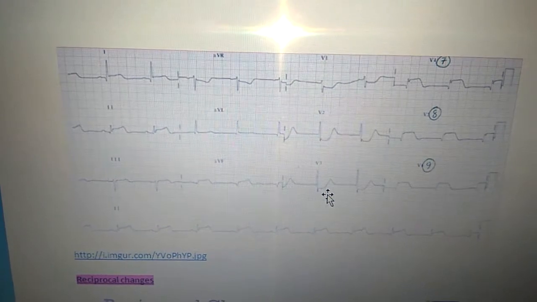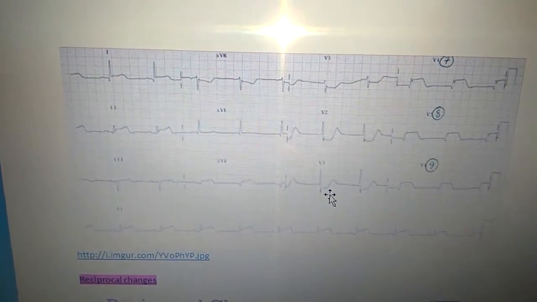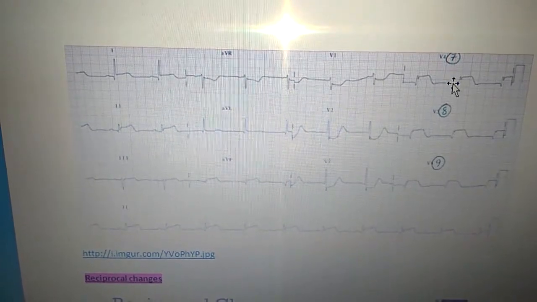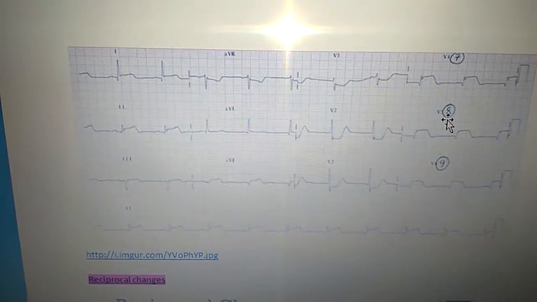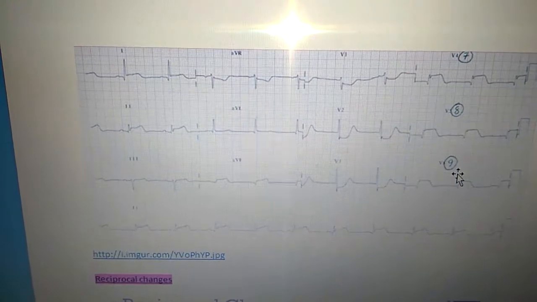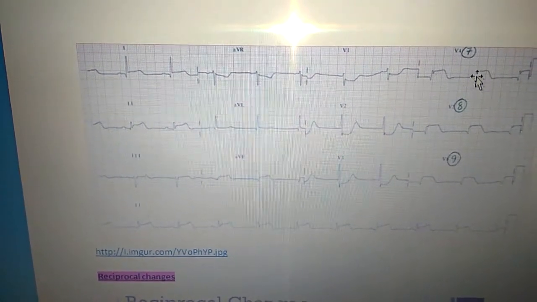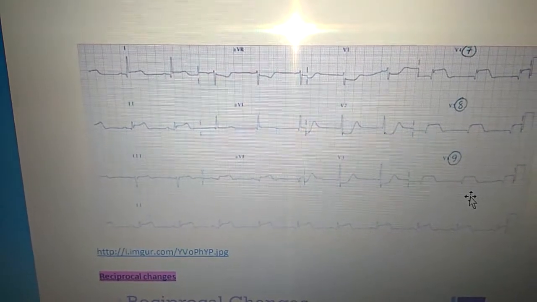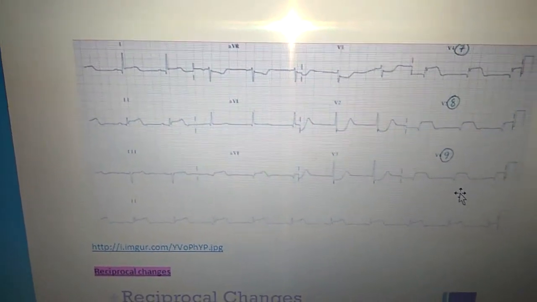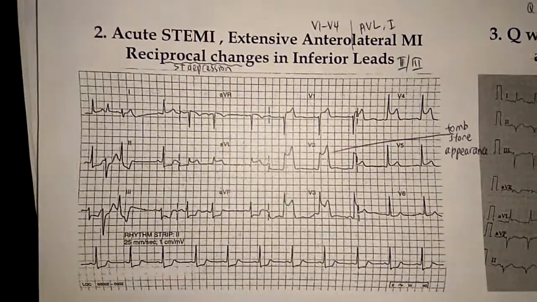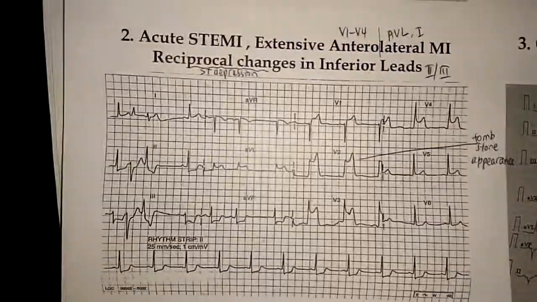So in this patient, we do the posterior ECG and change V4 to V7, V5 to V8, V6 to V9. Okay, 7, 8, 9 here, which we can see there's ST elevation in the posterior leads, indicating there's a posterior MI as well.